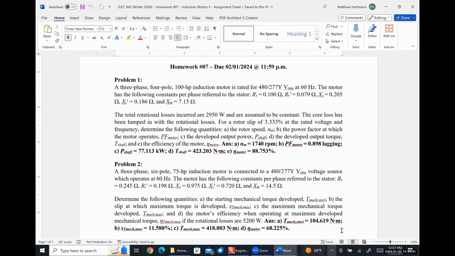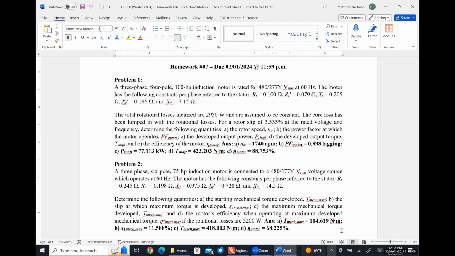So in the first problem, we have a 3-phase, 4-pole, 100 horsepower induction motor rated for 480 volts in delta, 277 in Y at 60 hertz. The motor has the following constants per phase referred to the stator: RS, RR prime, XS, XR prime, and XM.